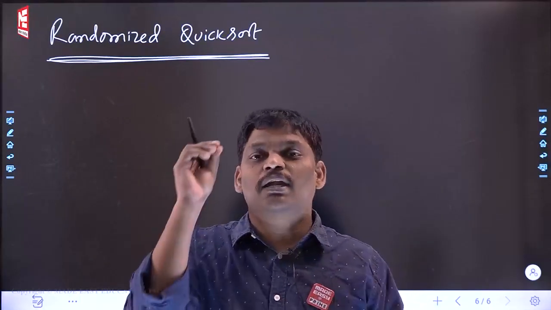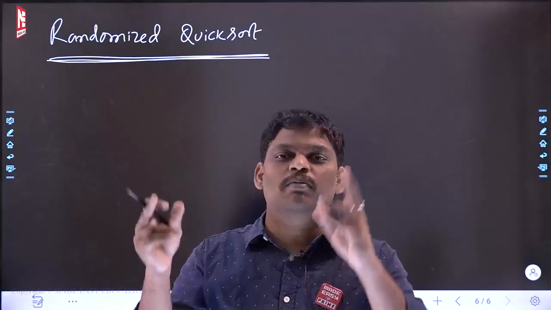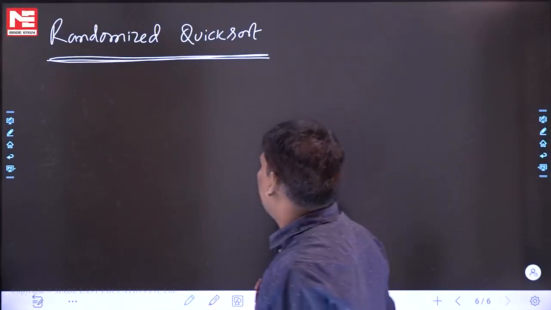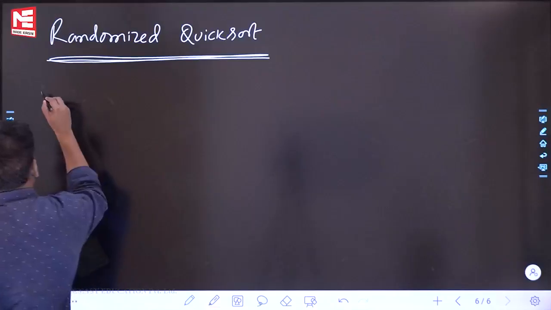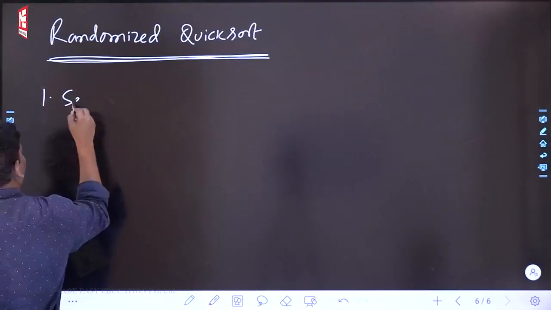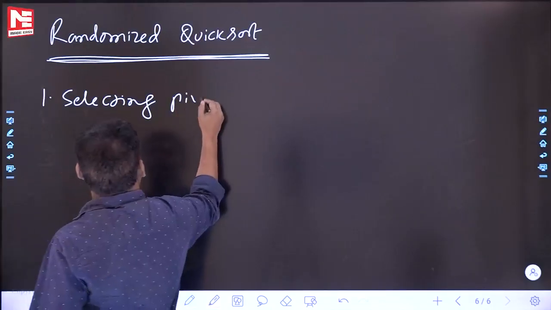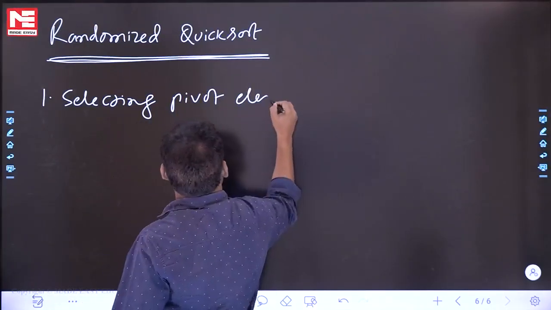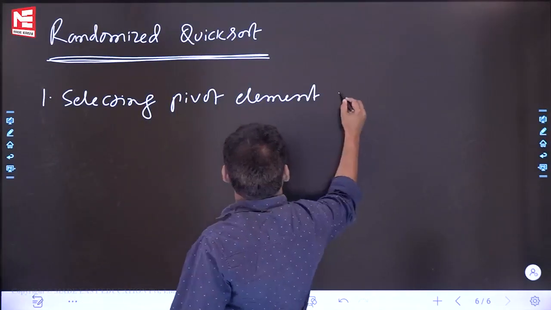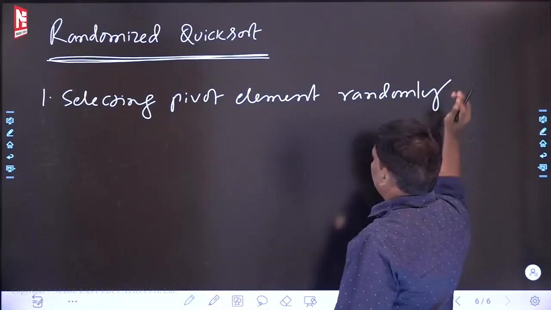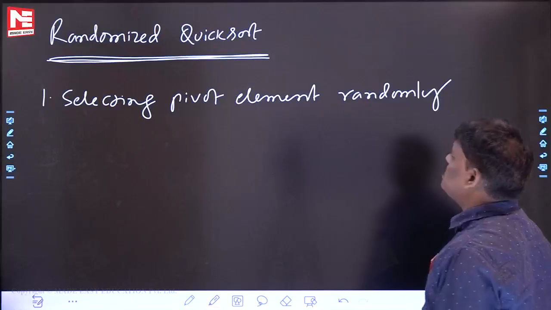But one thing, randomized quicksort means selecting the pivot element randomly, nothing more. So let me write it now. Randomized quicksort: selecting pivot element randomly is known as randomized quicksort.